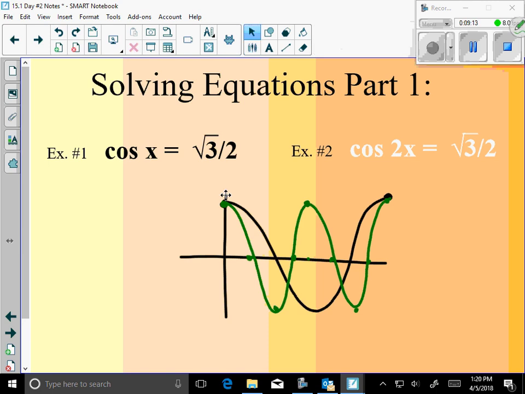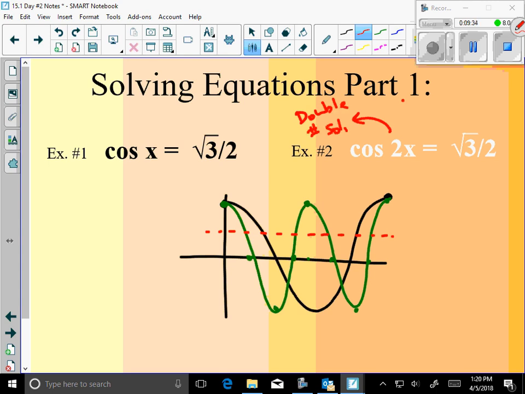So if I were to try to find a solution, how many solutions would there be on the black graph? 2. How many solutions on the green one? 4. So this number right here will double the number of solutions between 0 and 2 pi.